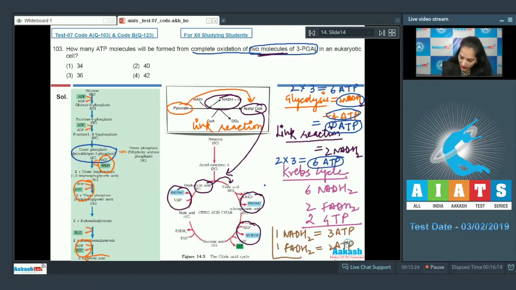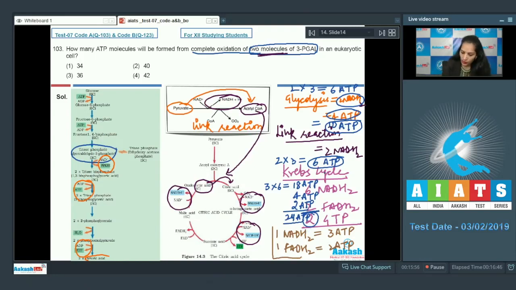In Krebs cycle, it is 3 into 6, 18 ATP, plus 2 into 2, 4 ATP, and these 2 ATP, so directly you can add 2 ATP, which gives you 24 ATP in total.